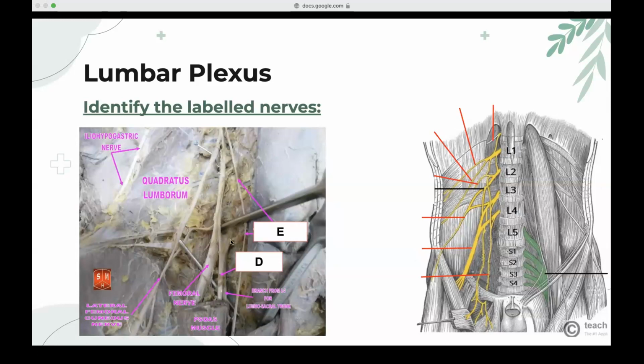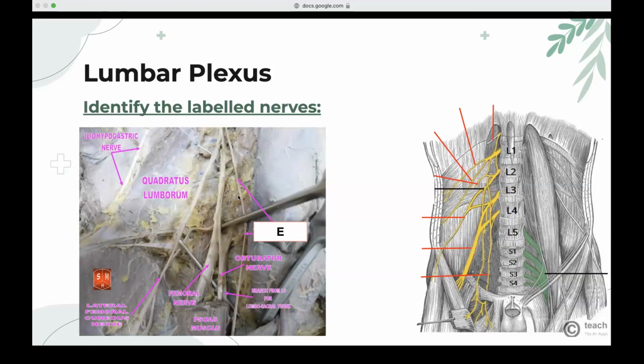Okay. And the next one, same source, but it's more medial. The obturator. Yep. And here you can see a branch from L4 for the lumbosacral. Then finally, you have a long, thin one that's very anterior and medial.